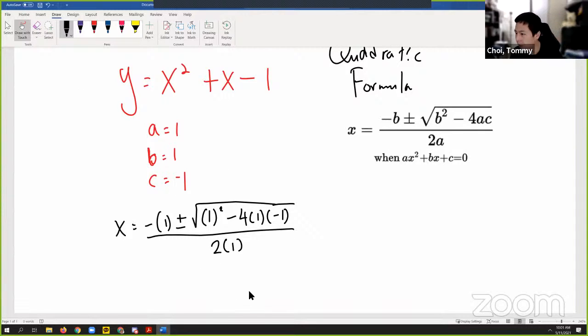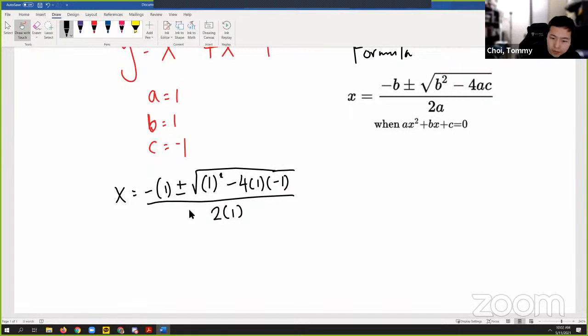So notice how I plugged it in here. I've just taken my a, b, c values and plugged them into where they are in the quadratic formula.